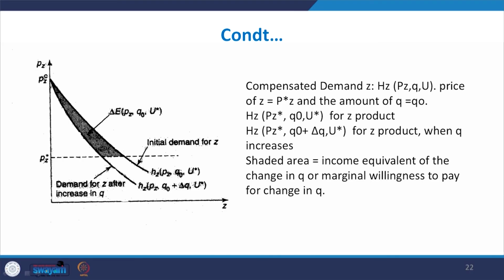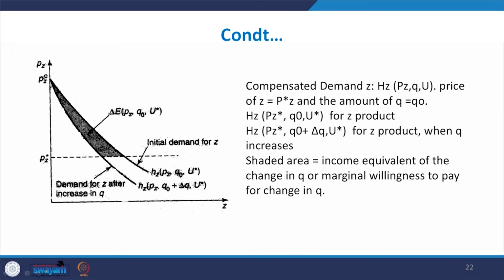So, utility is constant in both graphs, but since there is an improvement in the quality of the environment, or the quantity of environmental goods improves, the consumer will reduce some quantity of Z in order to keep the utility constant.